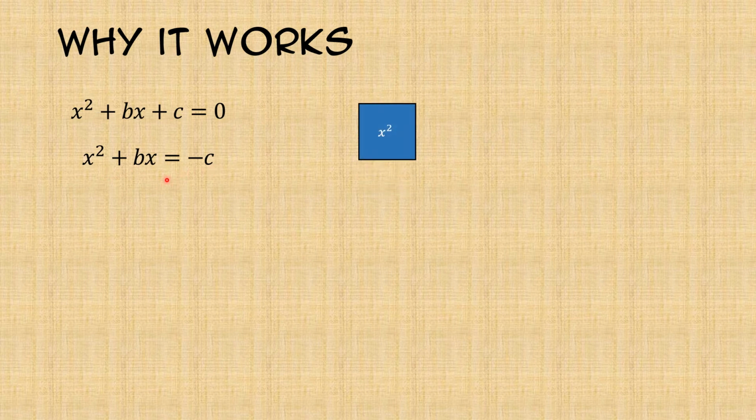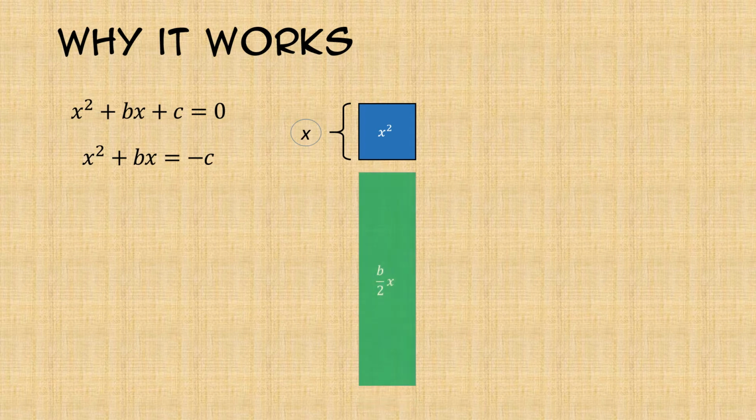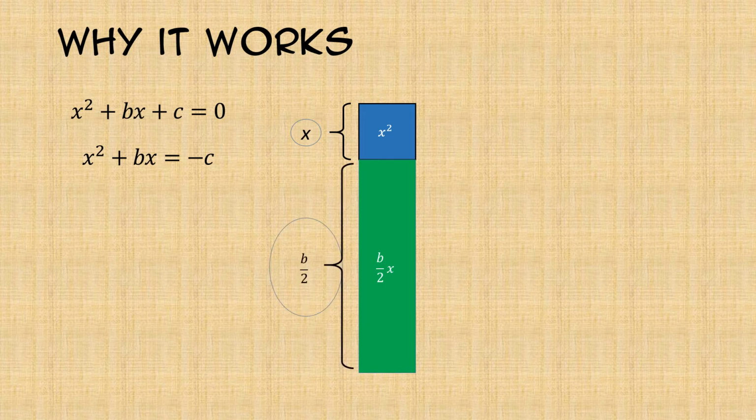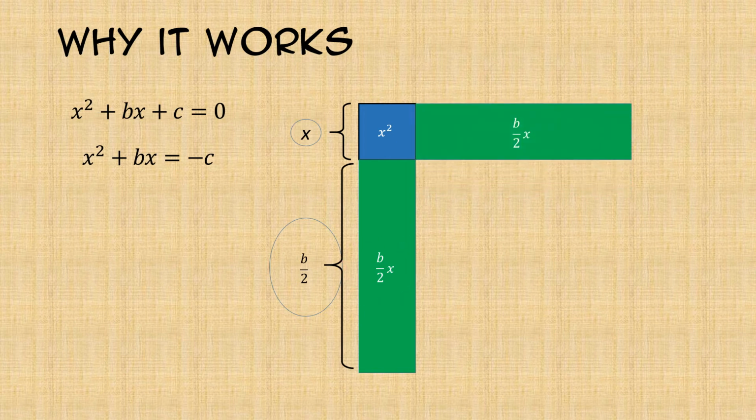Then I want you to imagine a small square with side length x. We join two rectangles of length b over 2 to either side of the square. Note that these have an area of b over 2 times x because the width is the same as x. When you add up these areas, you get x squared plus bx. This is the left-hand side of our equation from step 1.